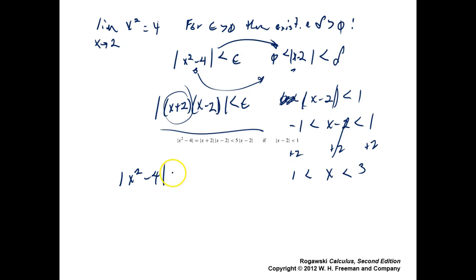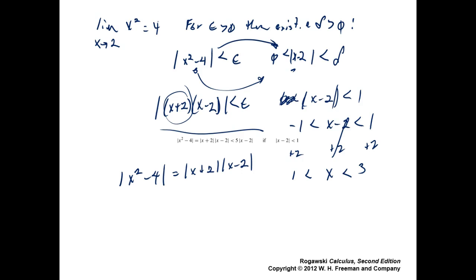That this is equal to absolute value of x plus 2 times absolute value of x minus 2. I really don't think that's true. I think it's less than or equal to, but they're saying that.